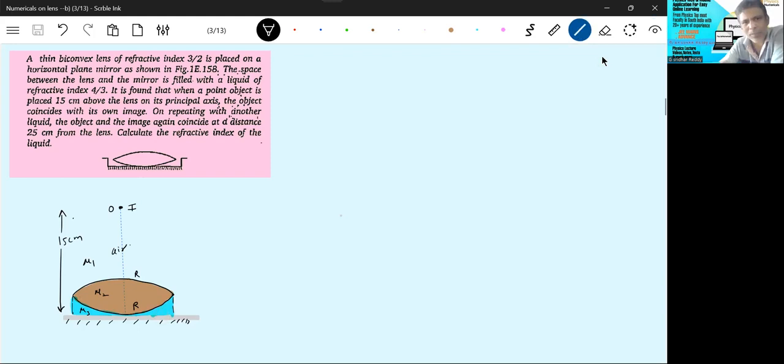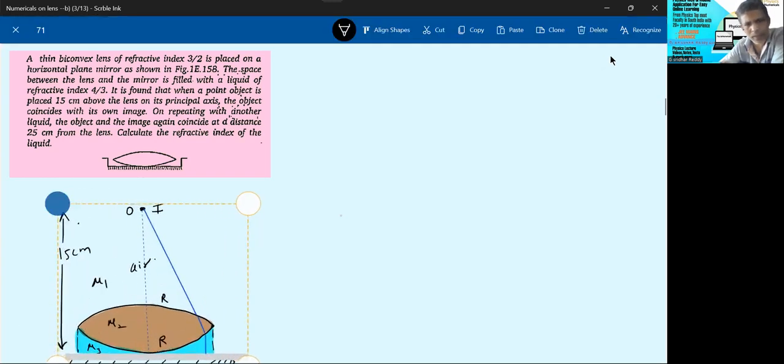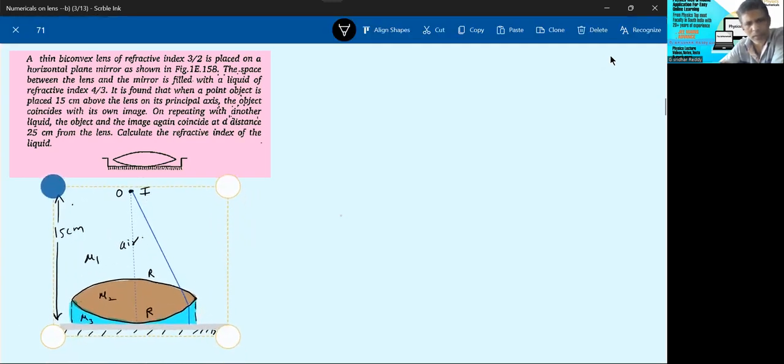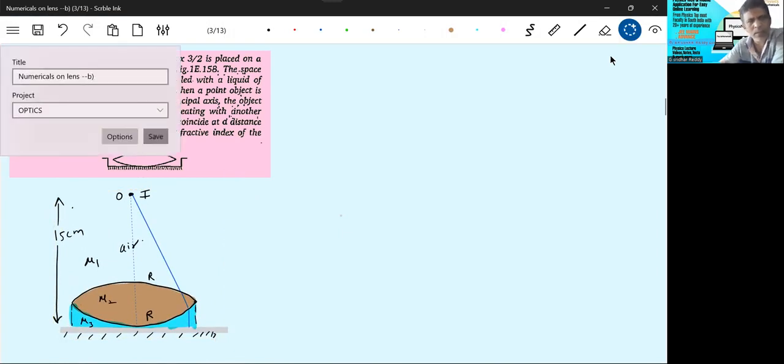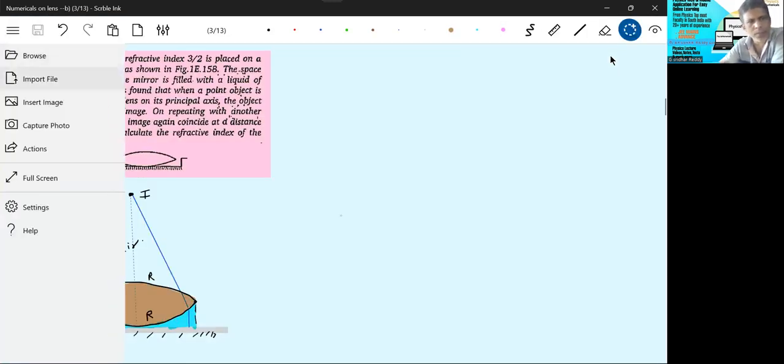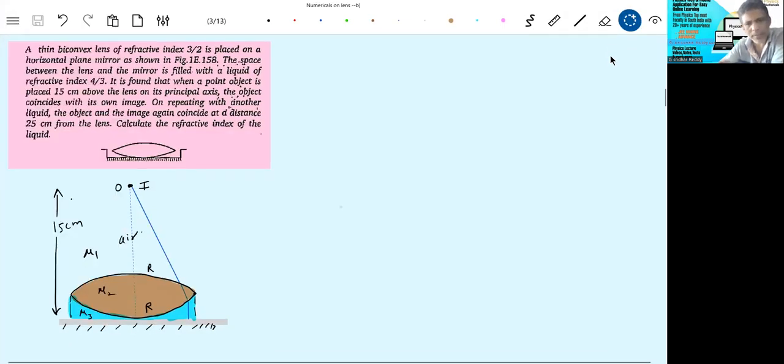I think this ray diagram is something very important. After refraction it should be like this. You can see clearly, refraction will occur.